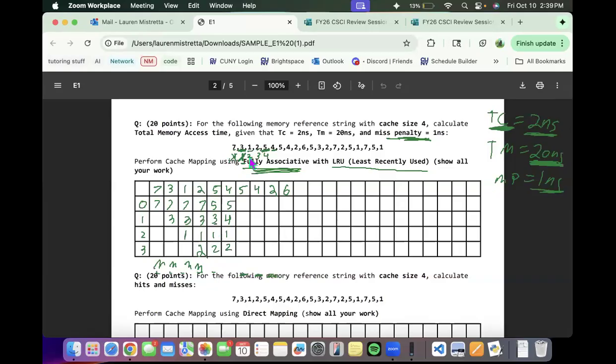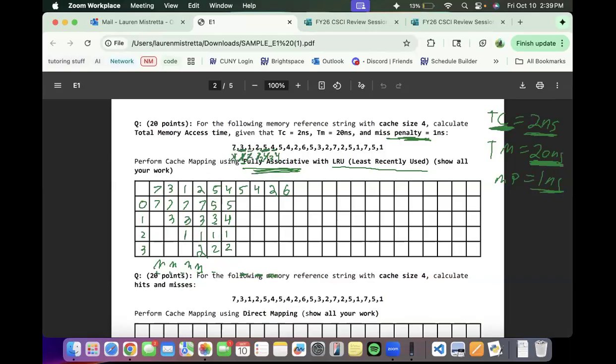3 is gone. 2 now becomes a 1. This becomes a 2. This becomes a 3. 4 becomes the new 4. Actually, this is not really working.